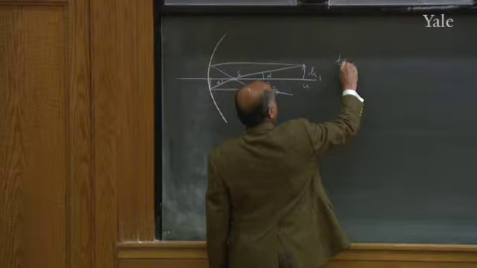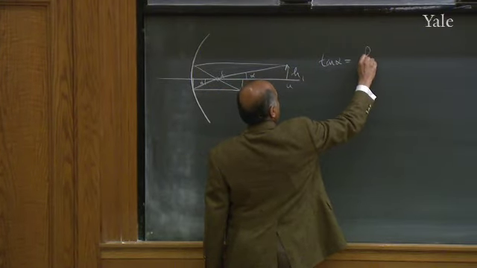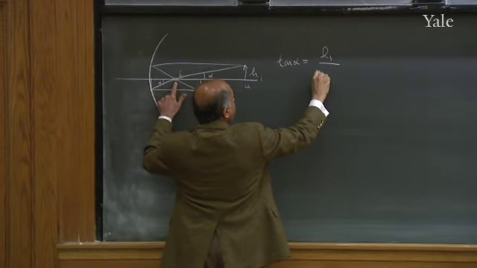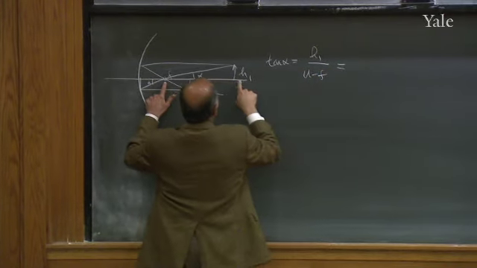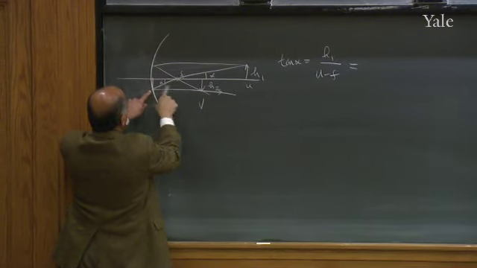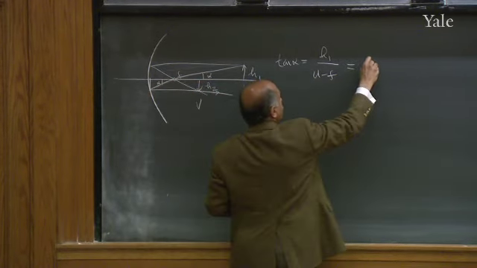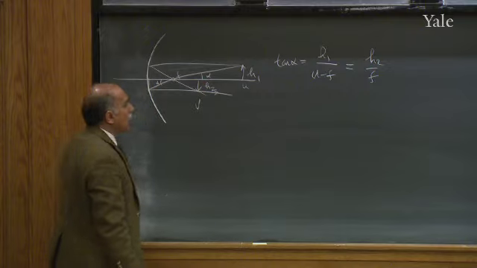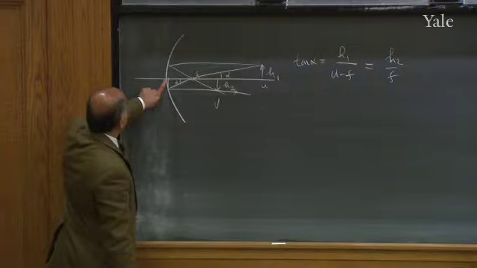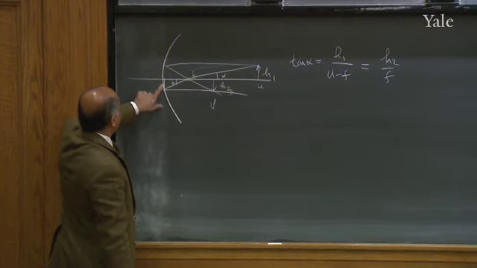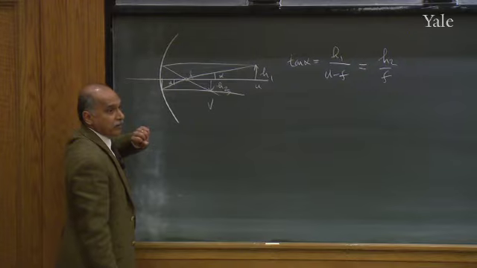Then you find tan alpha is equal to h1 divided by u minus f, that distance, is equal to h2 divided by f. It's actually, there's a tiny bit, it's not quite f, it's f minus x squared, but x squared is negligible compared to f, so we won't worry about that.